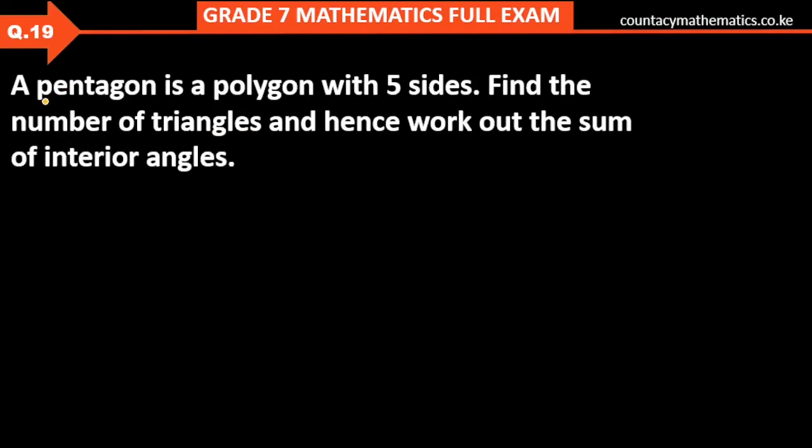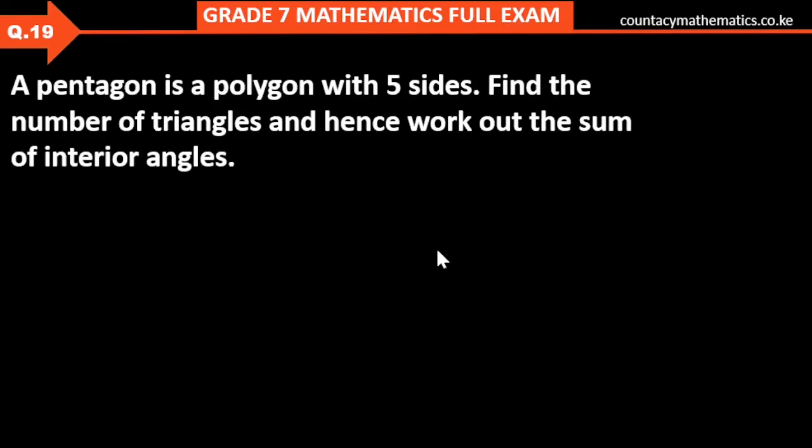Question 19, a pentagon is a polygon with 5 sides. We are told to find the number of triangles and hence work out the sum of interior angles. That is a question that we are supposed to solve and work out, and it's a very good question for our practice, especially to do with shapes.